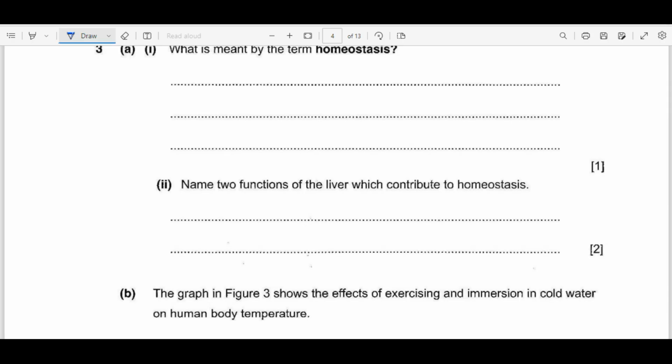1. What is meant by the term homeostasis? So homeostasis is just the maintenance of a constant or stable internal environment of an organism. There are changes that occur without our consent, like vasoconstriction and vasodilation. Those changes happen so that the body temperature is maintained. Why do we need a temperature in a given range?